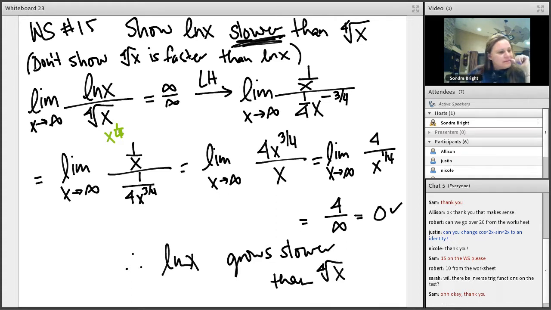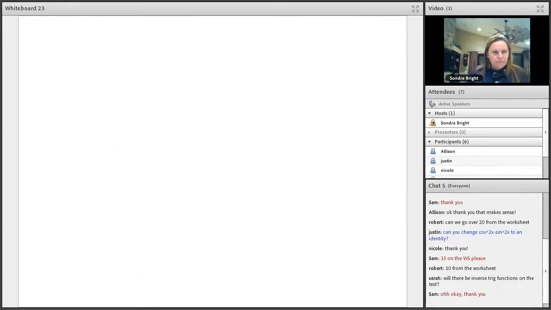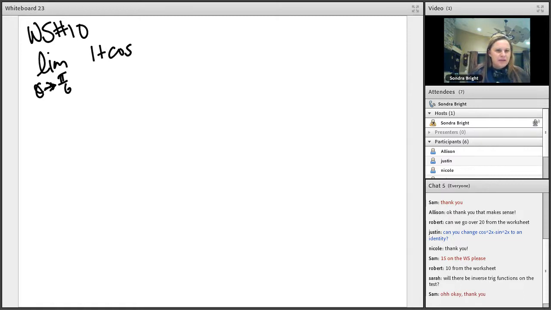All right, that was 15. Number 10. We've got the limit as theta goes to pi over 6 of 1 plus cosine of 6 theta over 1 minus sine of 3 theta.